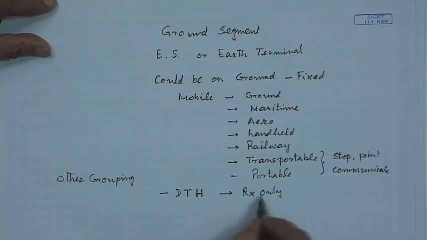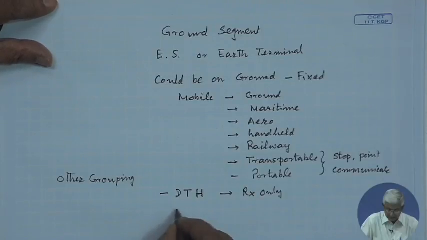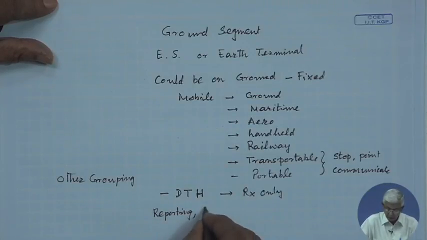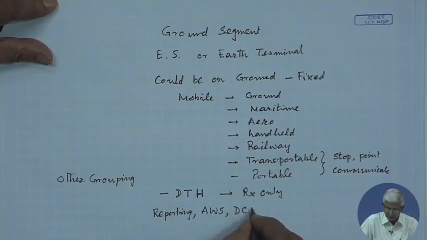So, DTH is receive only. There could be something, I should say you are not very familiar, called reporting, or we can call automatic weather station or data collection platform.